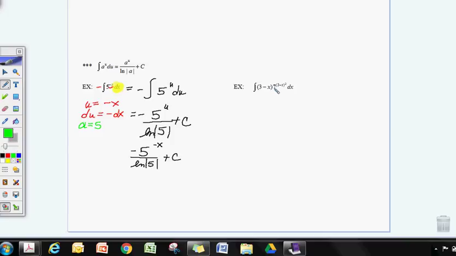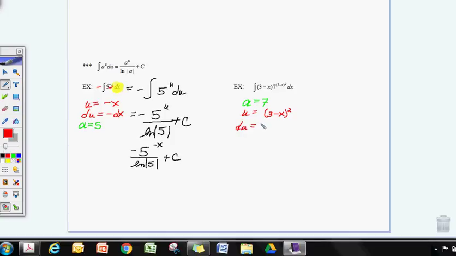I have all of this stuff, a 7 raised to a power. So I know my a value is going to be 7. But then my u value would be the 3 minus x quantity squared. Now, you have two ways of finding this derivative.